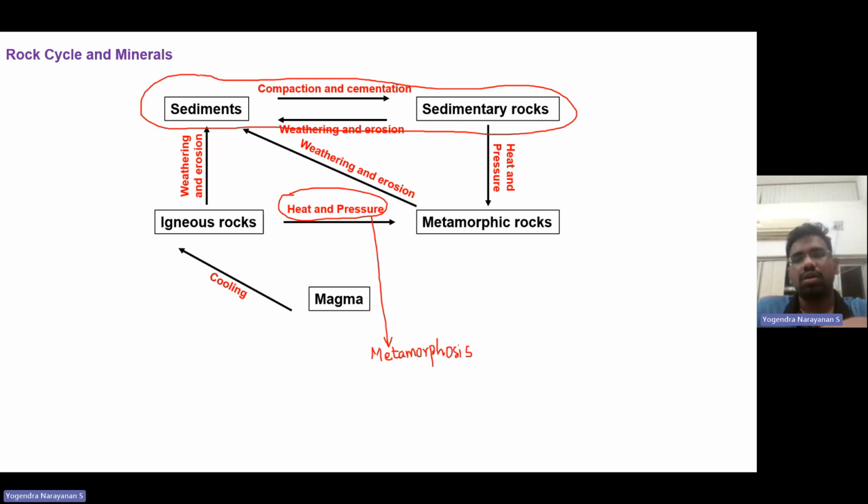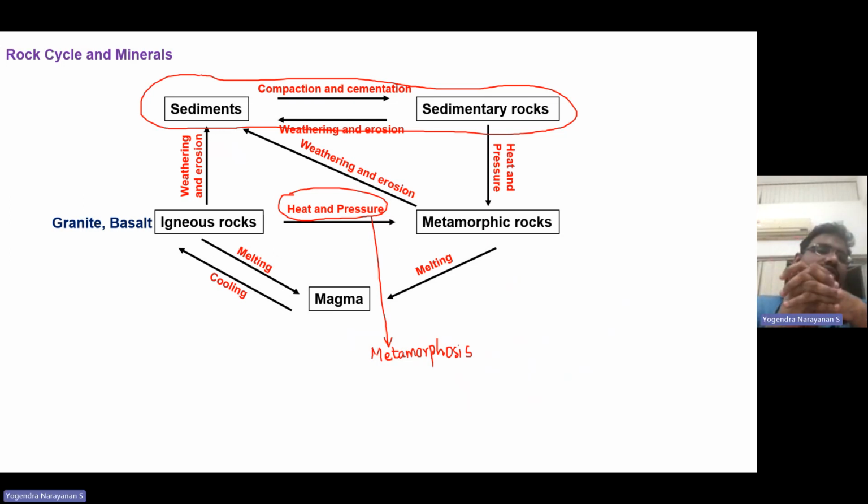Now further, these sedimentary rocks, due to various other processes, might undergo weathering and erosion and in turn result in sediments. This is also possible. But due to high heat, when these rocks melt, they in turn result in magma.